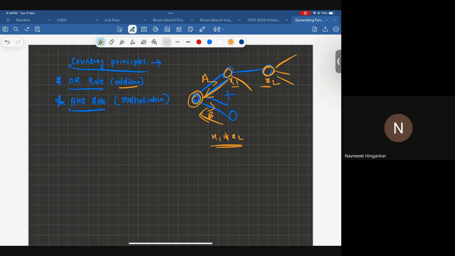This is my state of mind when I think in terms of DP: I try to find the nodes, and then figure out the relationship between those nodes, because it makes my thinking much simpler.